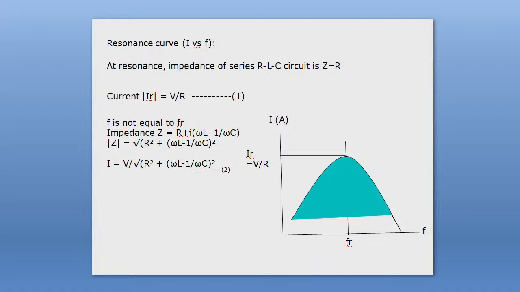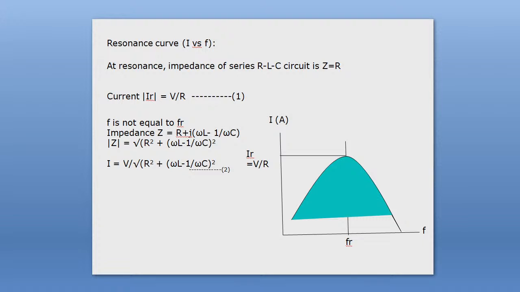Any doubt about the resonance curve of a series RLC circuit? Why does the resonance curve become a bell-shaped curve? Because at resonant frequency the current is maximum, V by R, and on either side of resonant frequency the current has a lower value compared to the resonant value.